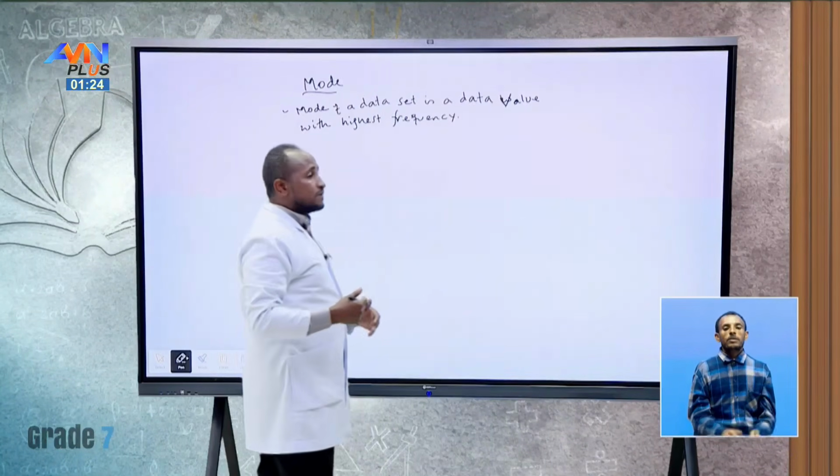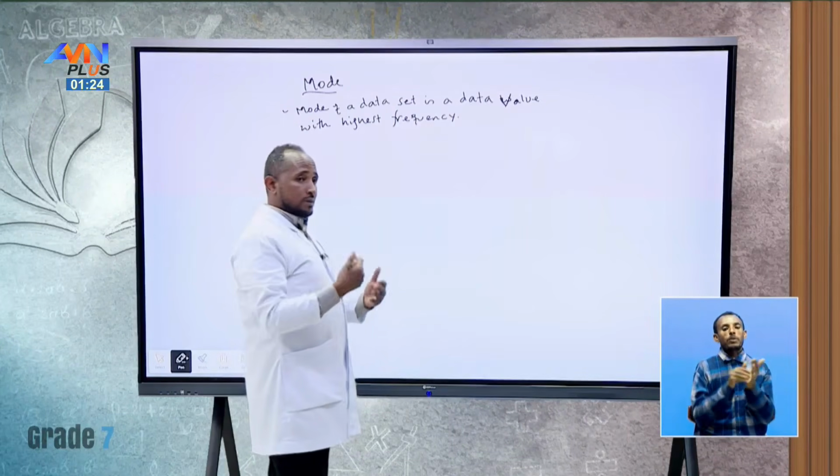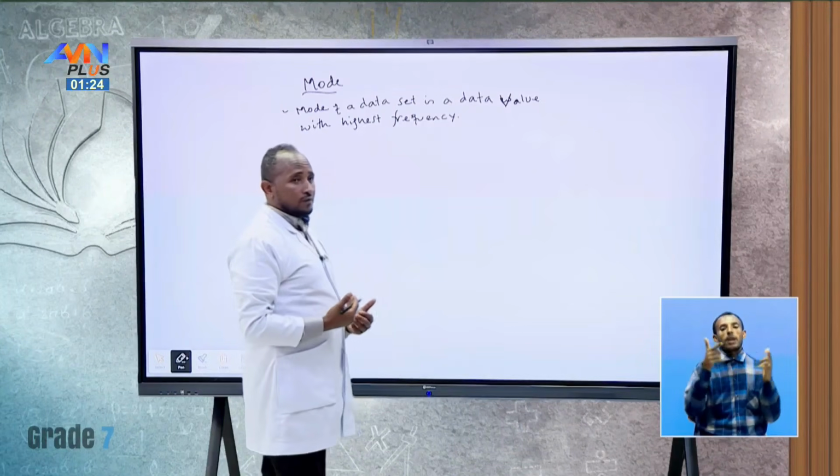Greater number means frequency, meaning number of repetition. A data value with the greater number of repetition will be the mode of a given data set.